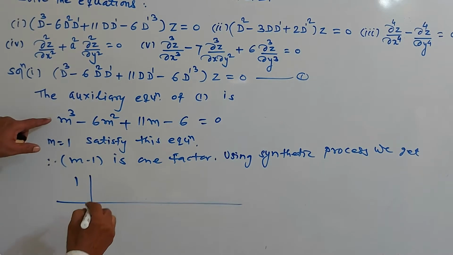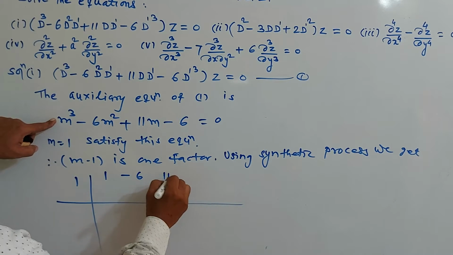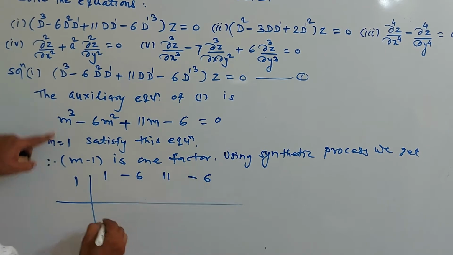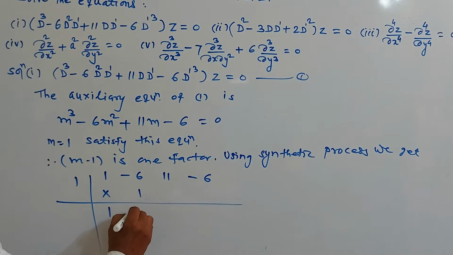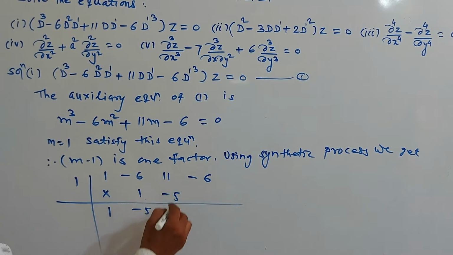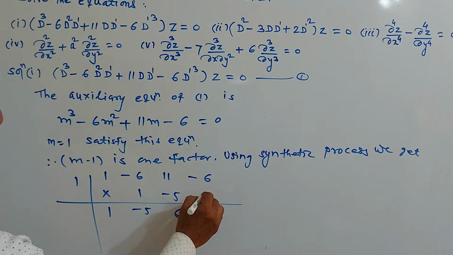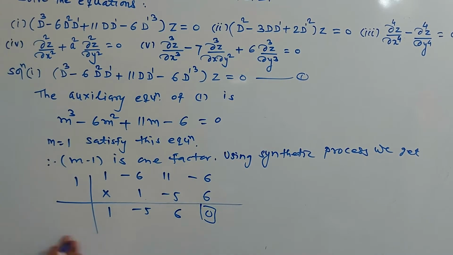You write the coefficients of the given equation: 1, minus 6, 11, then minus 6. Here 1 into 1 is 1, minus 5 into 1 is minus 5. Here 11 minus 5 is 6, into 1, here 6 minus 6 plus 6, here 0.